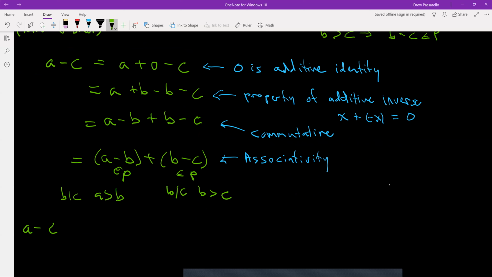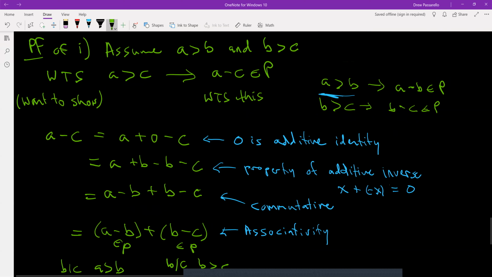Since A minus C equals these two things that are in P, then A minus C has to be in P. Because we know if A and B are in P, then A plus B is in P, so the closure aspect.